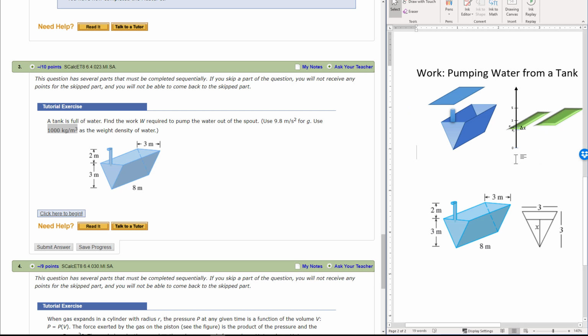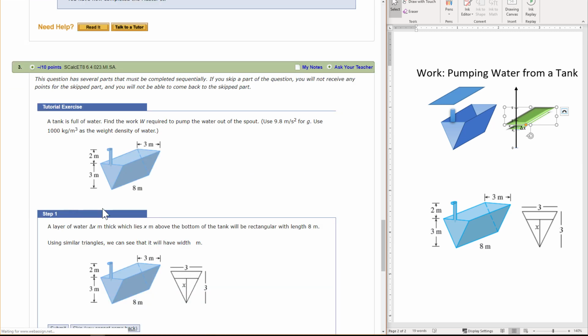So that's the idea, to pump these waters up above through the spout. Given that the water's container is 3 meters high, and then there's an extra 2 meters that the water has to travel, it goes all the way up to 5 meters from the ground. Okay, that's the general idea.